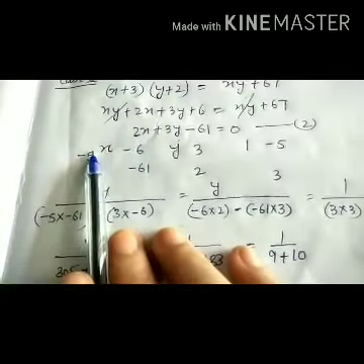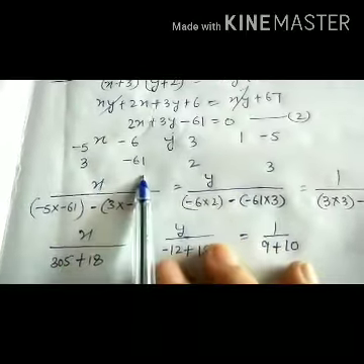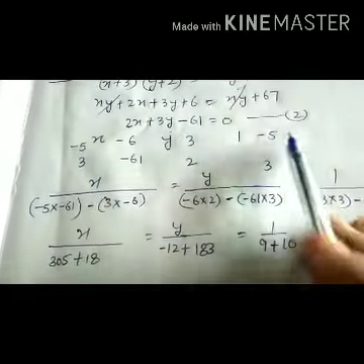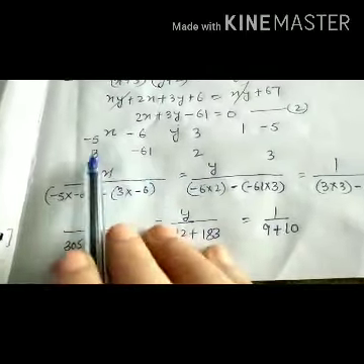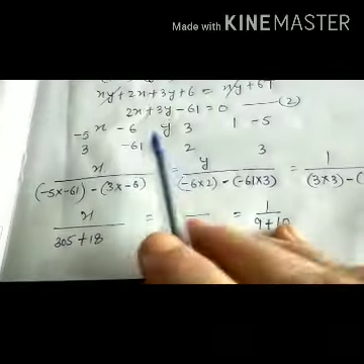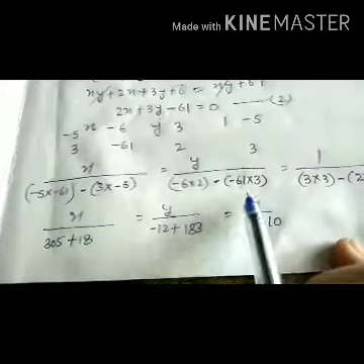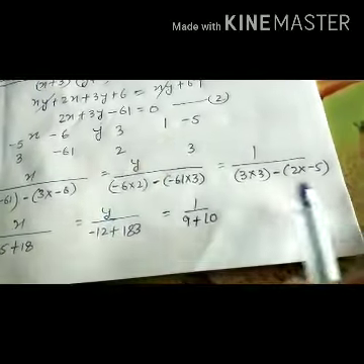Now again by the cross multiplication method, the values of b1, b2, c1, c2, a1, a2, again b1, b2. Now this is the method. Minus 5 multiplied by minus 61 minus minus 3 into minus 6, minus 6 into 2 minus minus 61 into 3, multiplied by 3 minus 2 into minus 5.